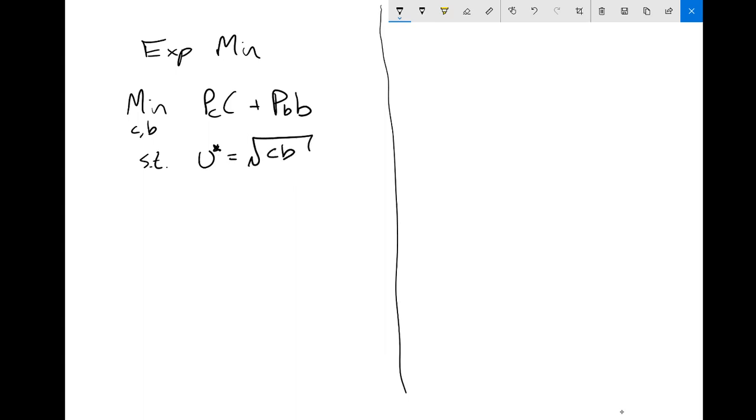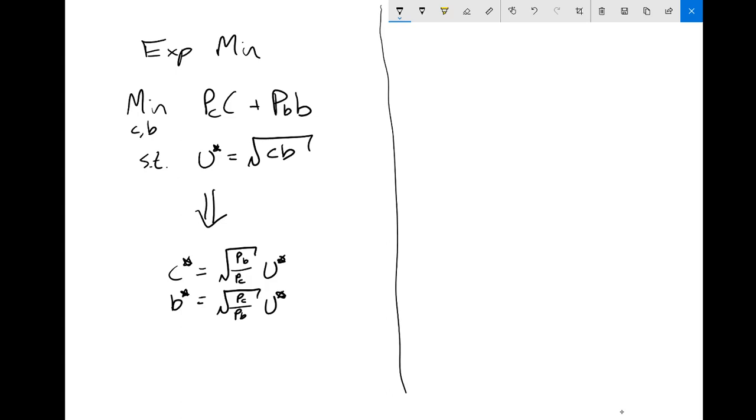this utility function, right? So we did that, and what we found was C star equals the square root of PB over PC times utility, and we found B star equals the square root of PC divided by PB times U star.